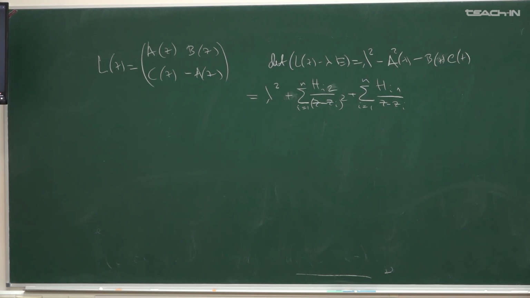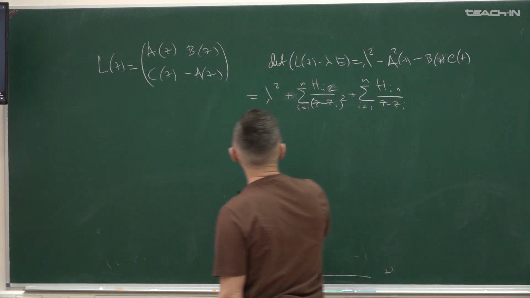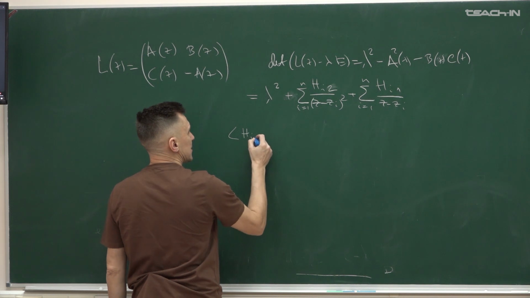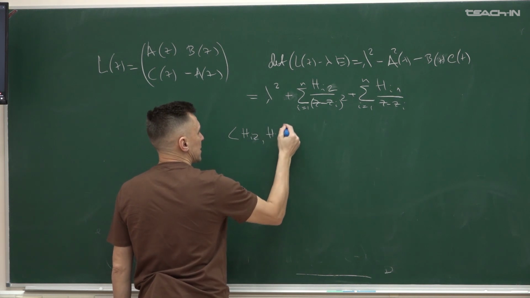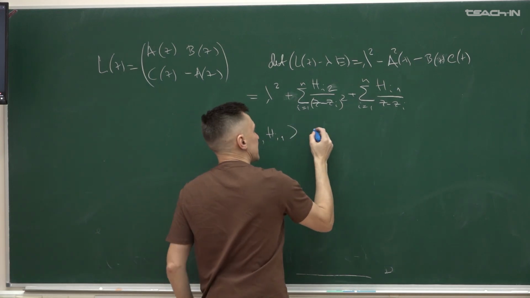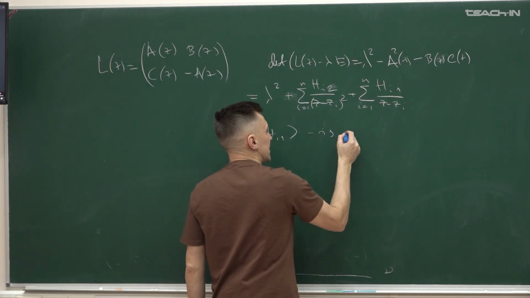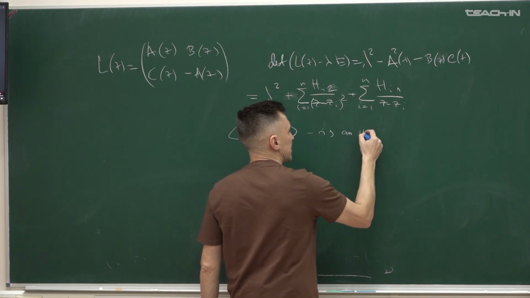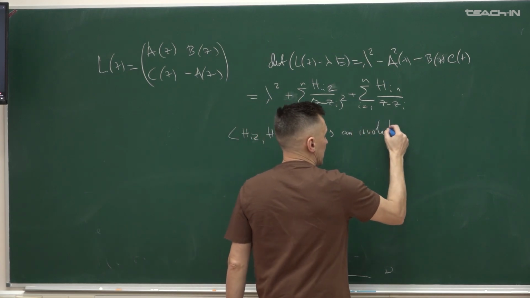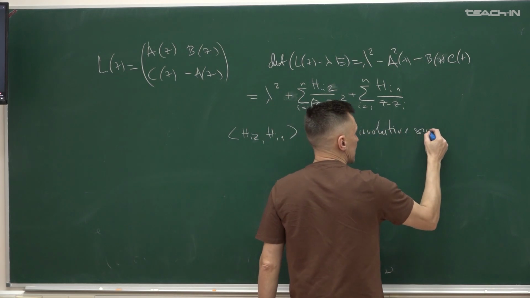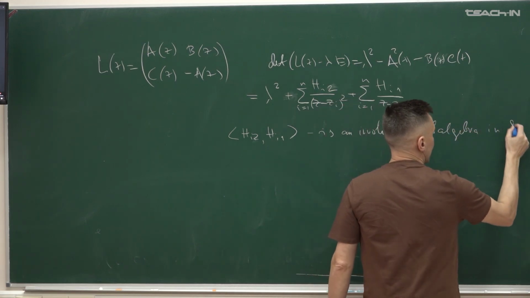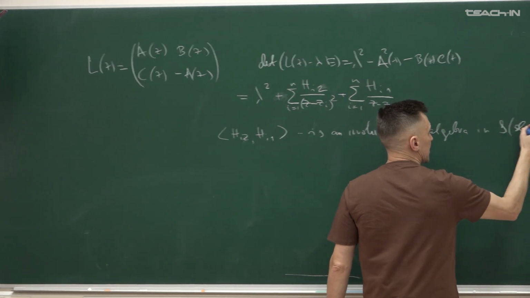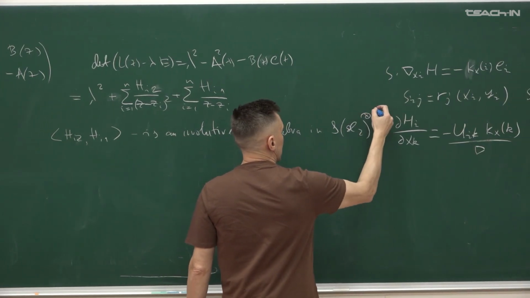So the statement that the algebra generated by E2 and HE1 is an involutive family, is an involutive subalgebra in SL2.